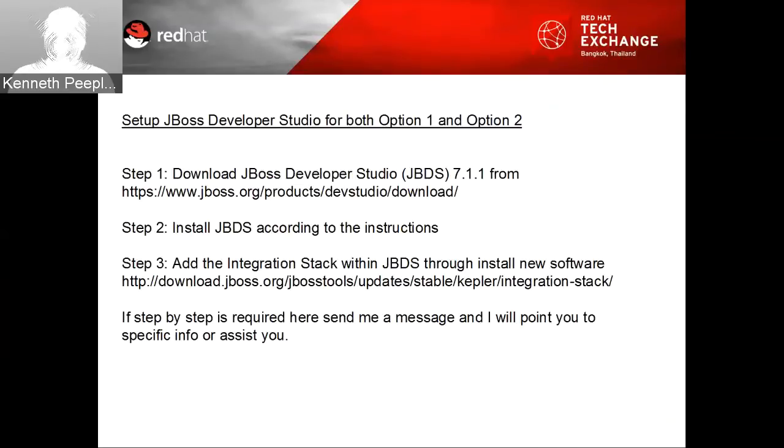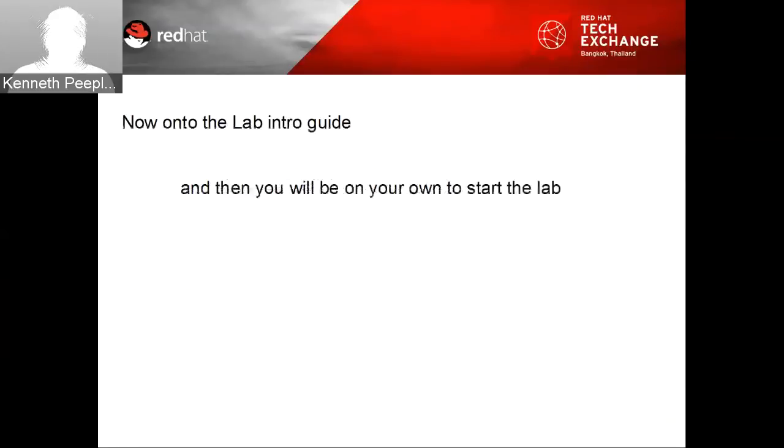Out on jboss.org/products, it has the getting started guides for those. But again, I can point you to the DV workshop where it walks you through that, or I can help you as well. All right, so now I want to check and see if we have any questions.